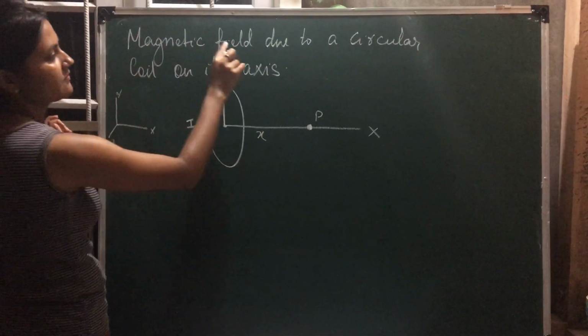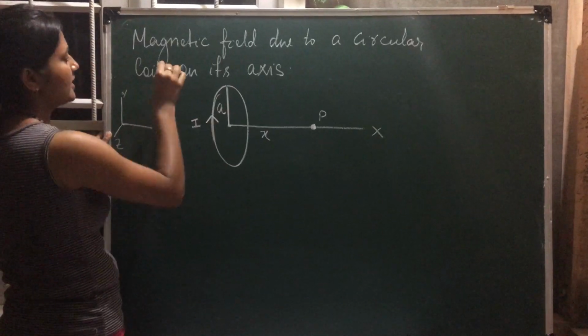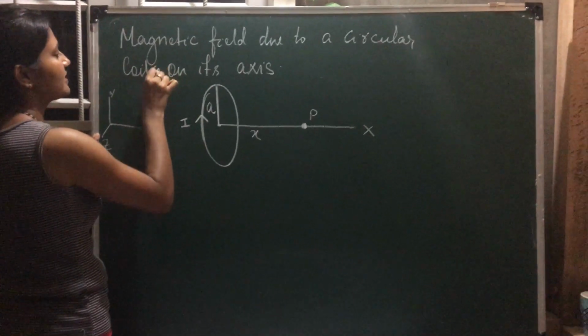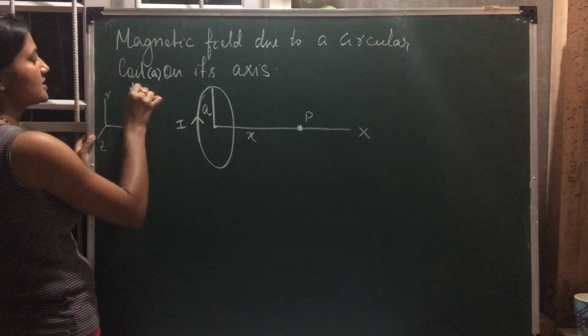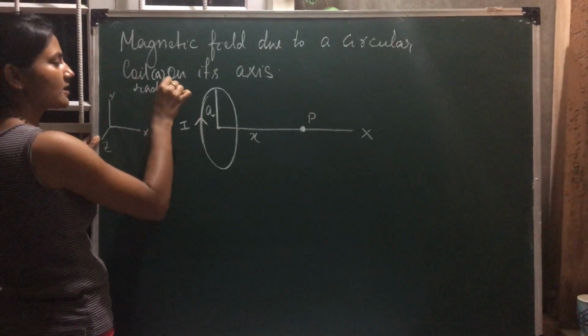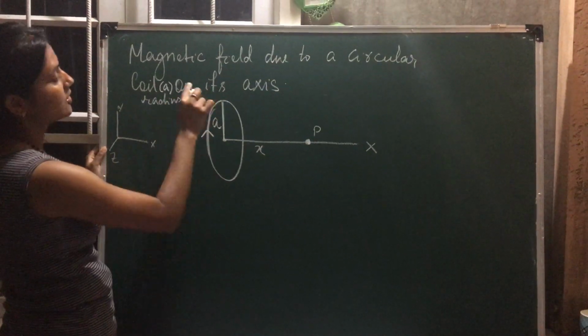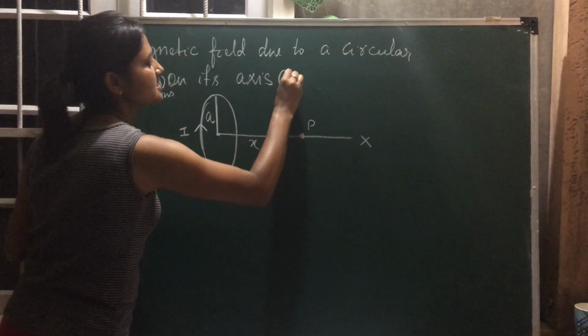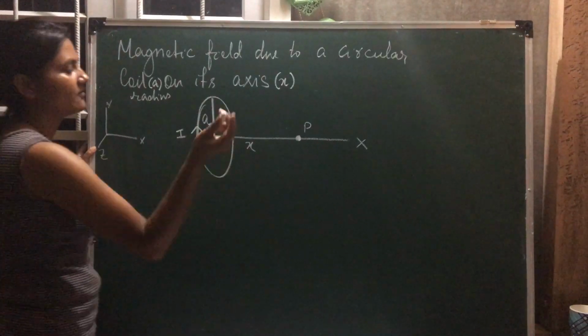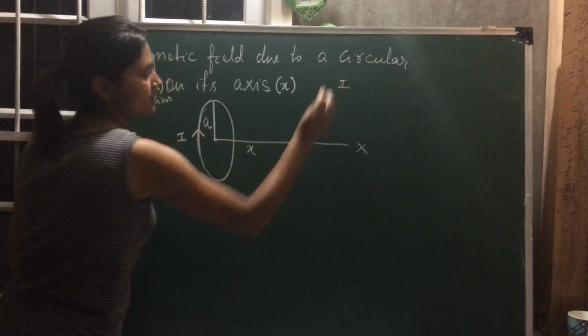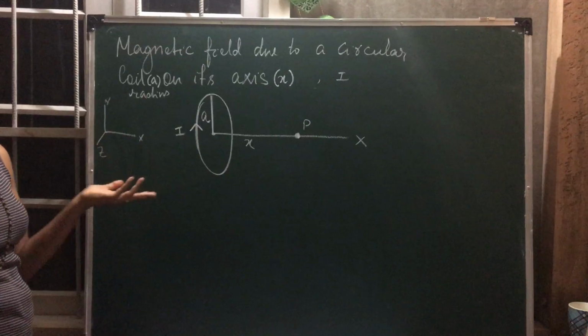The radius is given, A. What are the quantities given? Radius is given, so on its axis, say any distance x. And definitely there has to be current, because if there is no current, there is no magnetic field.